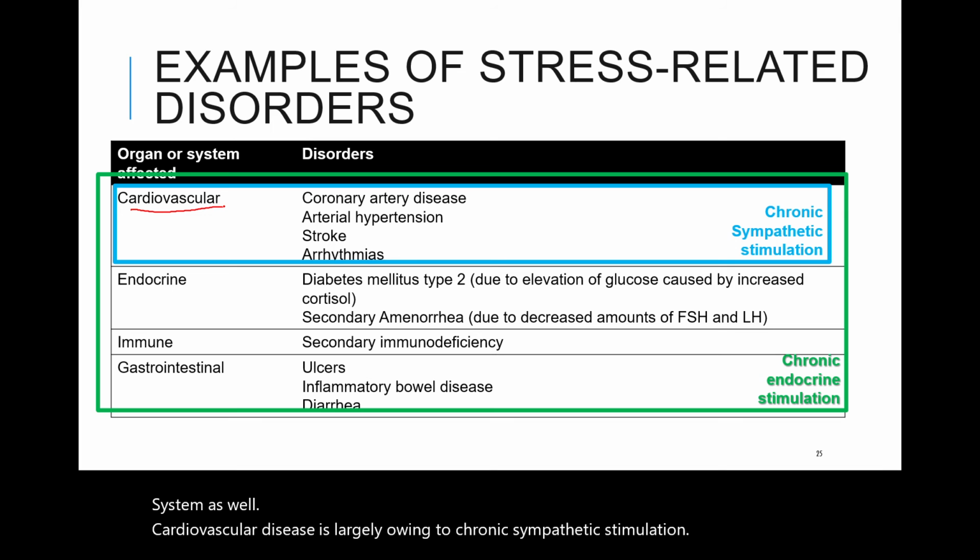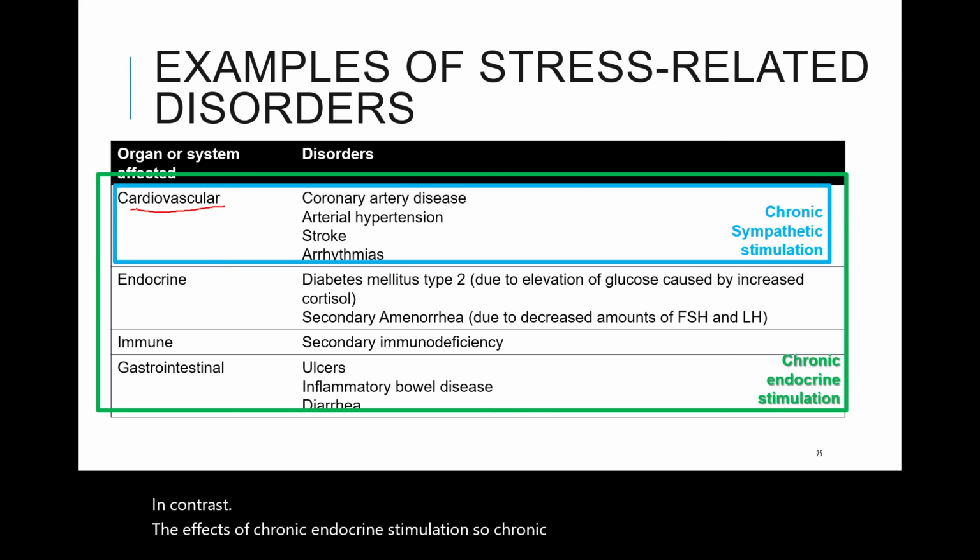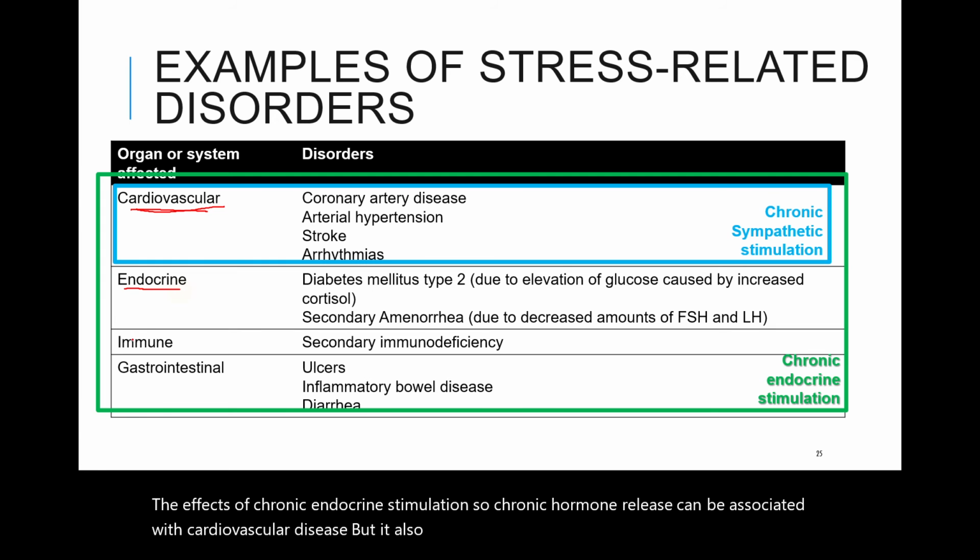This is in contrast to the effects of chronic endocrine stimulation. So chronic hormone release can be associated with cardiovascular disease, but it also triggers endocrine, immune, and gastrointestinal disorders as well.